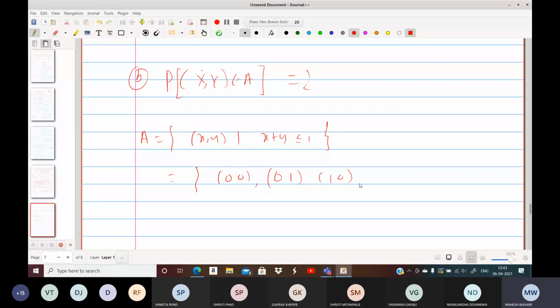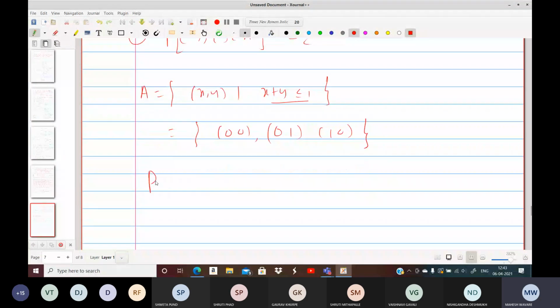So the probability of all those ordered pairs x, y in the region A is equal to the probability of x equal to 0, y equal to 0, plus the probability of x equal to 0, y equal to 1, plus the probability of x equal to 1, y equal to 0. That means you are writing this as f of 0, 0, f of 0, 1, and f of 1, 0.